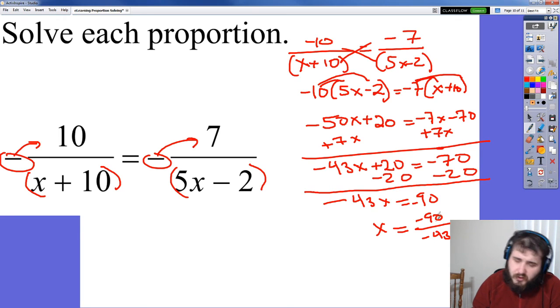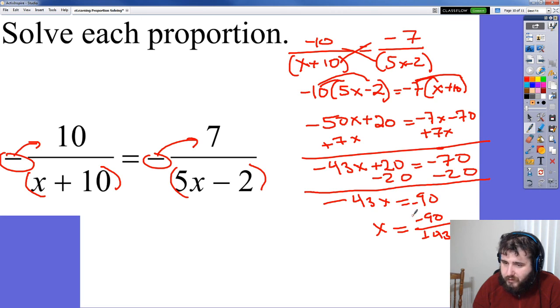And then we look and see, what do they have in common? Well, they sure have that negative sign in common, but do they have any numbers? 43 is prime. 43 has no divisors except for itself and 1. So 43 doesn't go into 90, and nobody cares about 1.